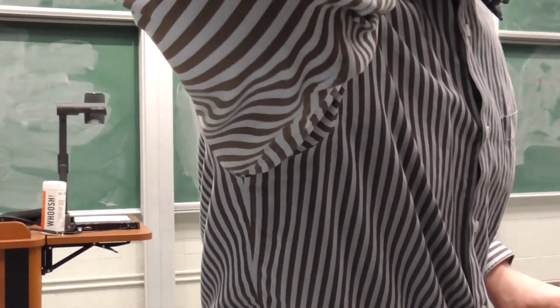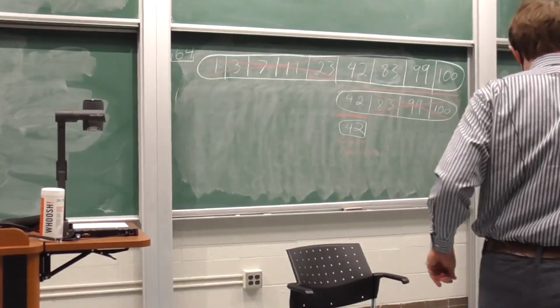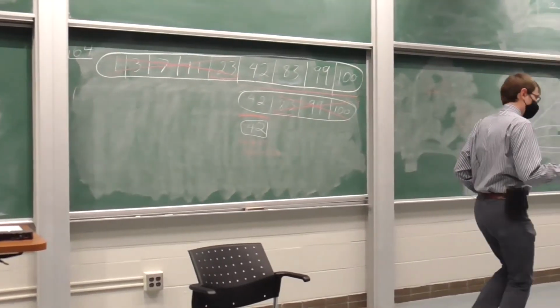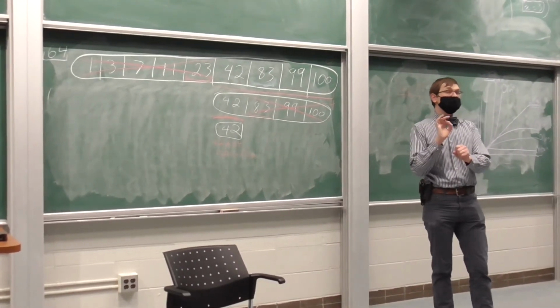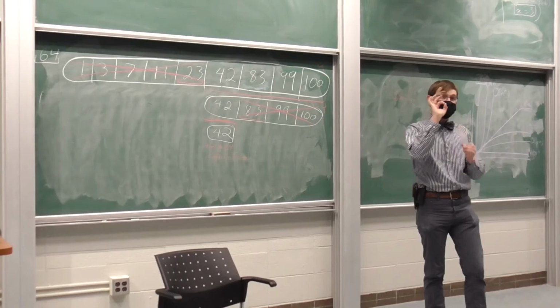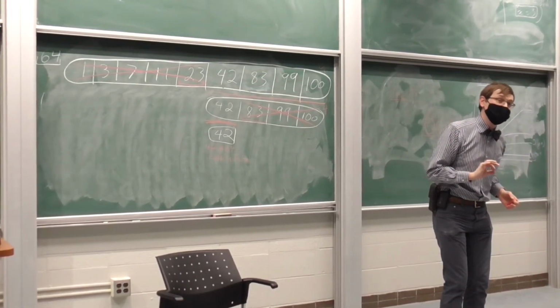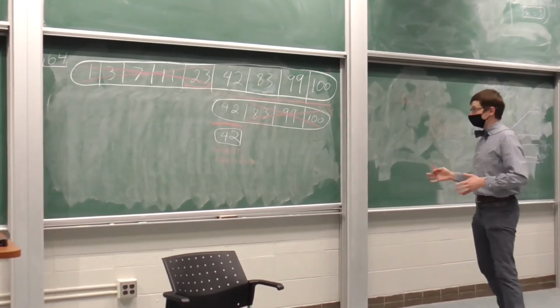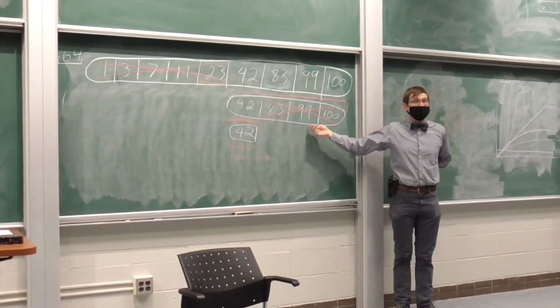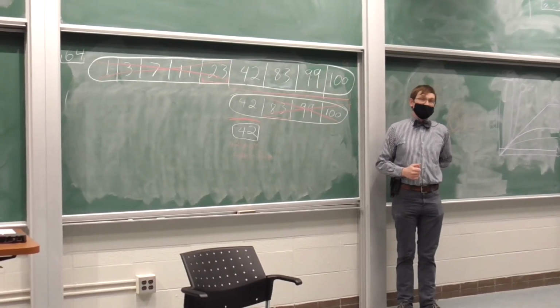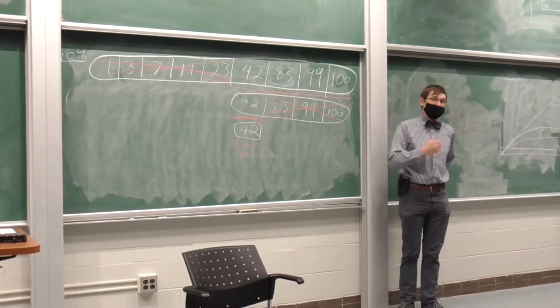Say again? The number of elements in the list. Well, the amount of time it takes for you to find that element's spot in the data structure, right? So, we have a clever algorithm for finding spots in data structures, right?